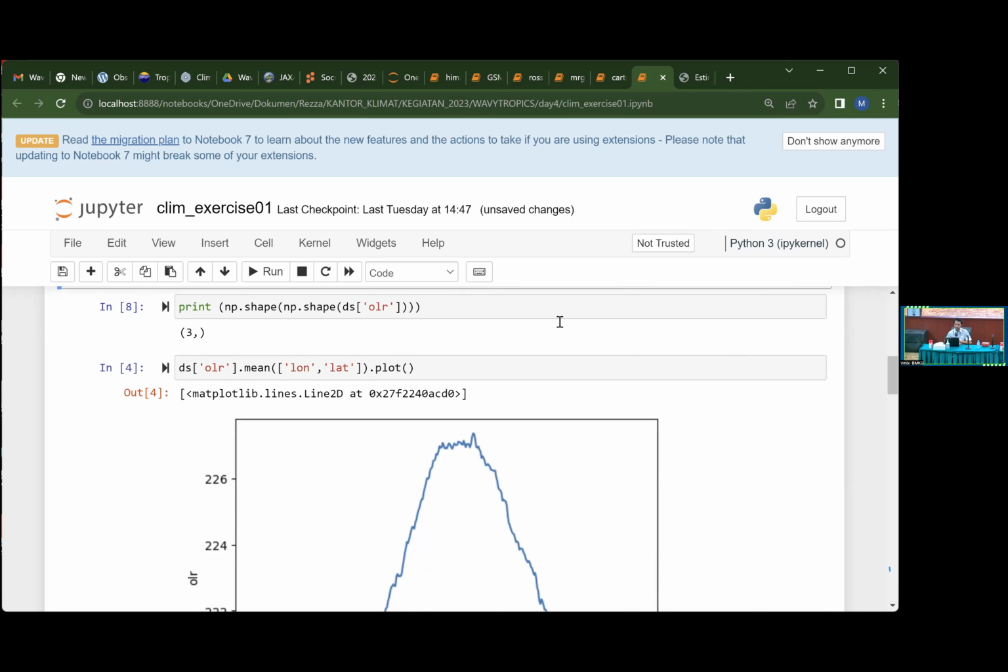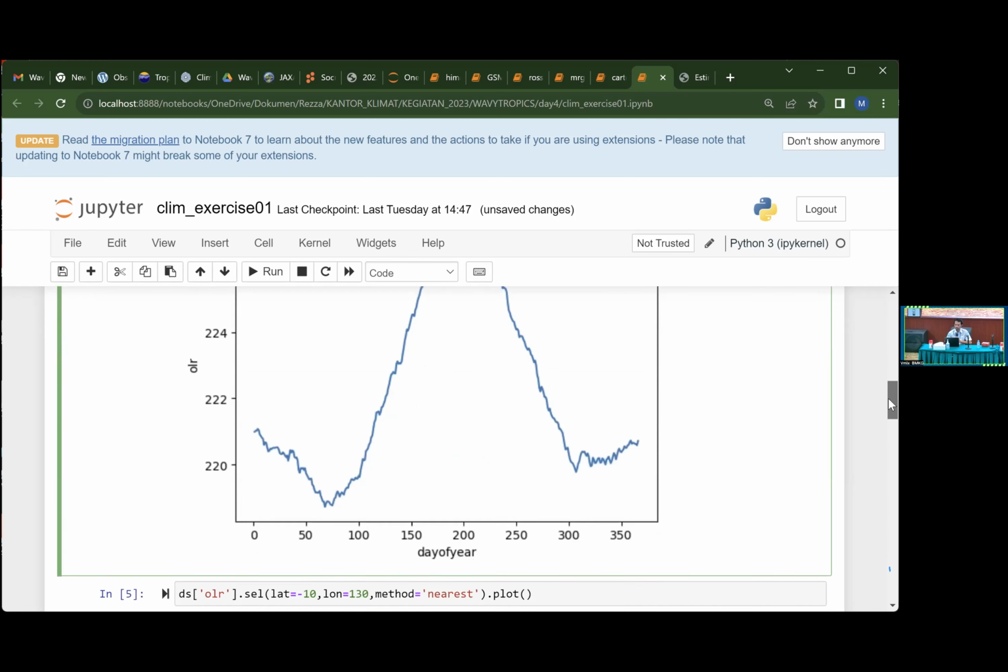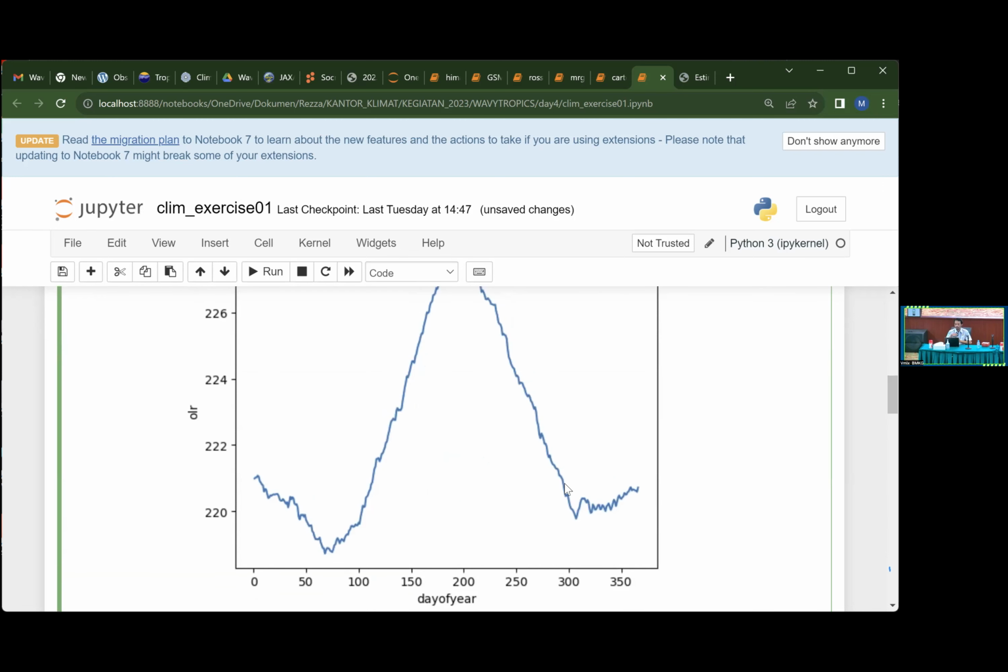This is just to exercise seeing the shape, and if you want to calculate the average in longitude and latitude and plot it, this will be one dimension of time and the OLR. Global OLR peaks around June, July, August. You know the reason why the plot is like this, right?